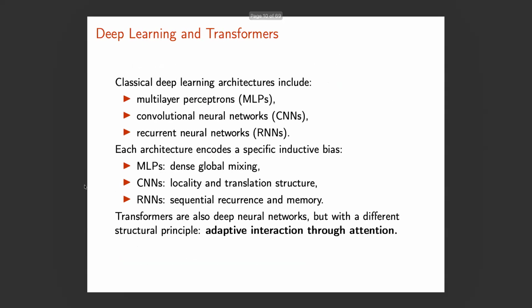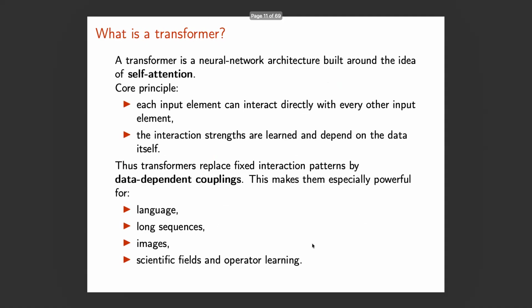So what we want is something which is called an adaptive interaction. If you look back at that simple example, we want the interaction to be flexible and not be just given by a constant. And this is given by adaptive interaction through attention.